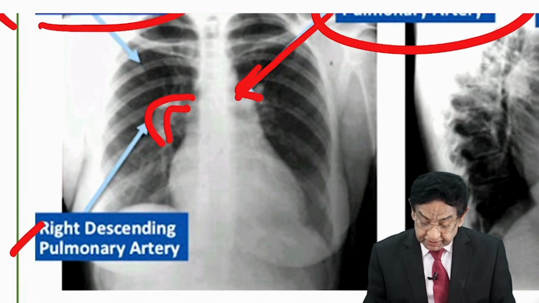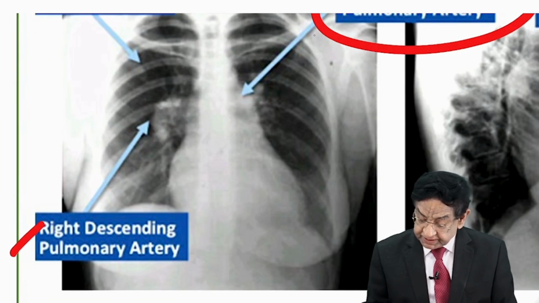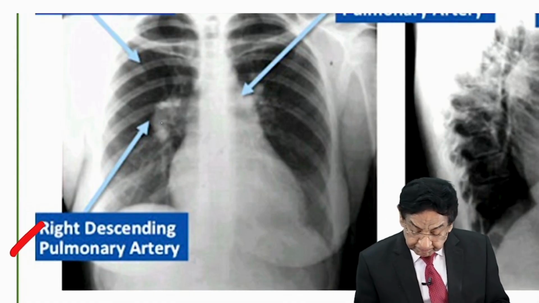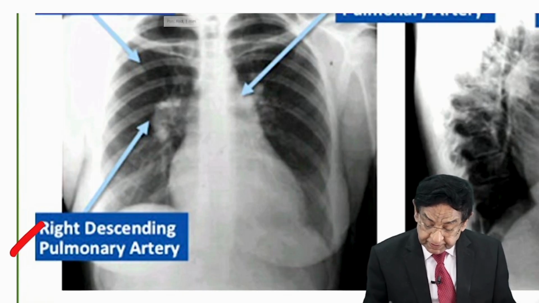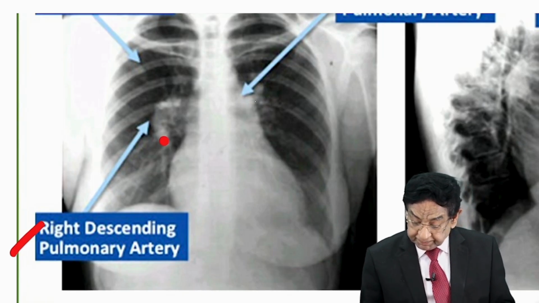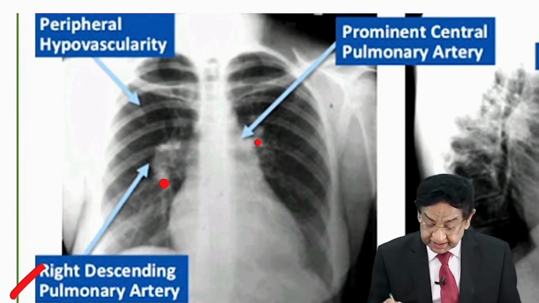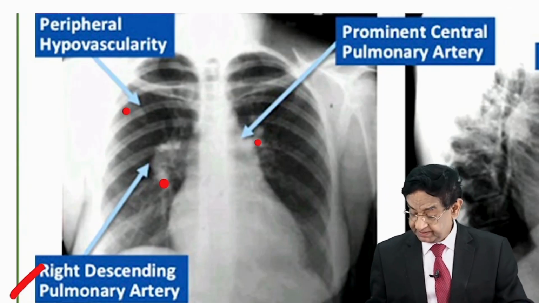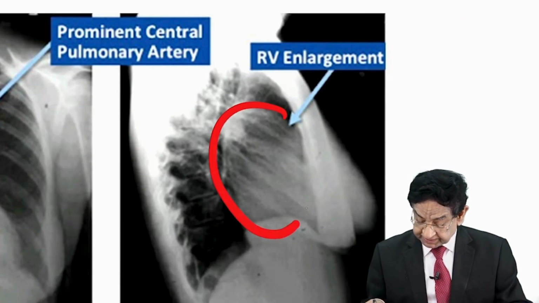For better visibility, you can see that we are getting a prominent right descending artery. You're getting prominent central arteries, and the periphery is hypovascular. You can also get right ventricular enlargement.